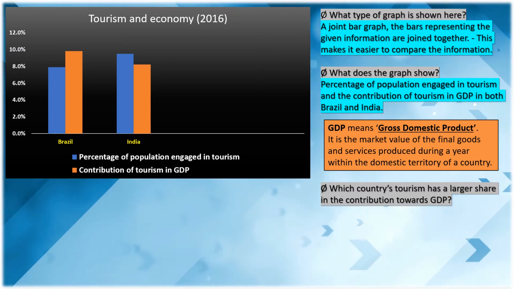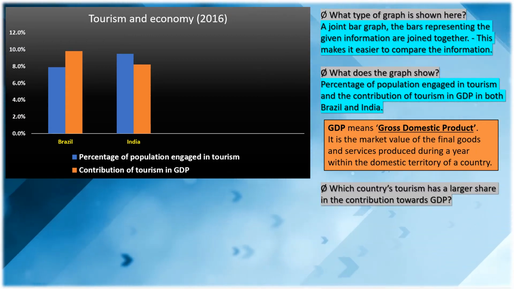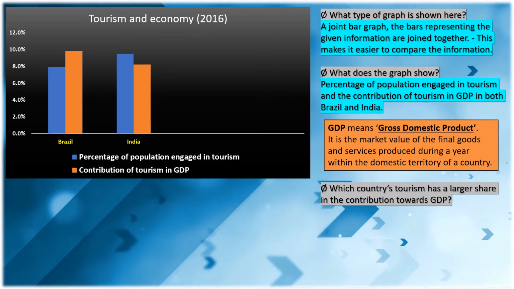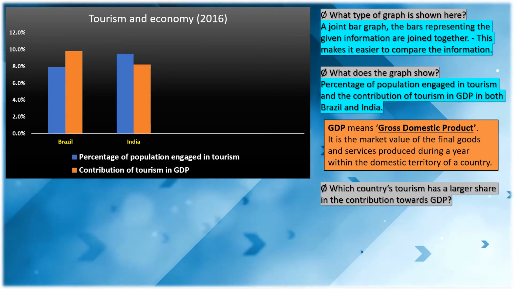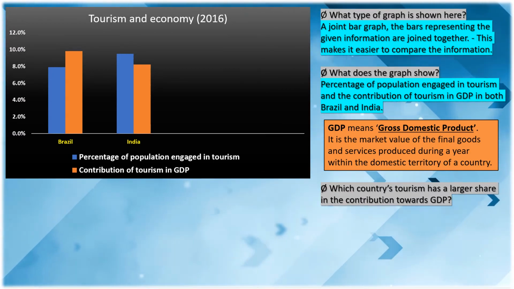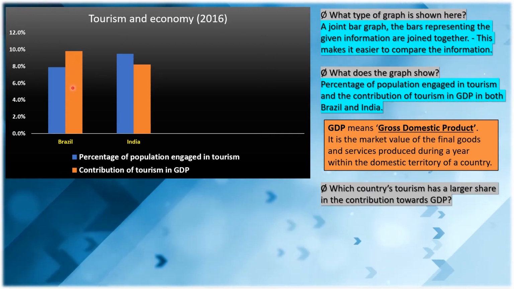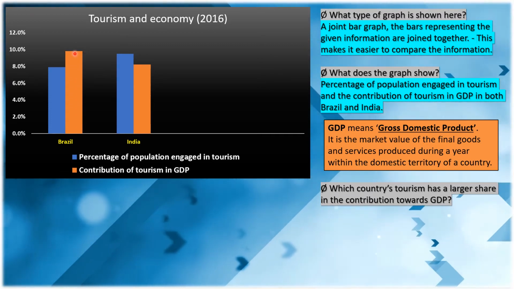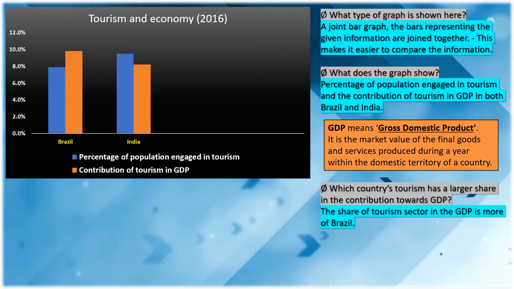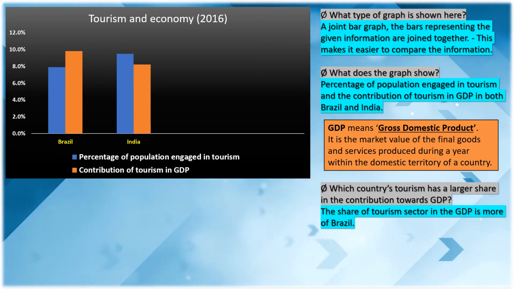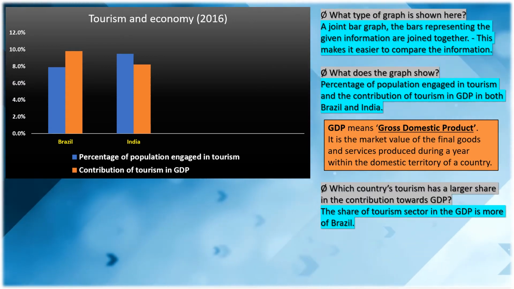Which country's tourism has a larger share in the contribution towards GDP? Now we have to see the contribution of tourism towards GDP, which is shown with the help of the orange bar. So if you see here, the share of tourism sector in GDP is more of Brazil.